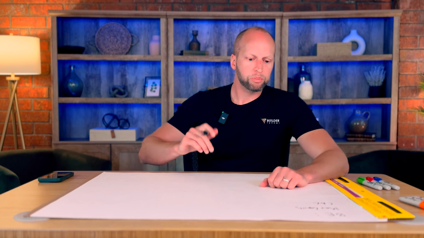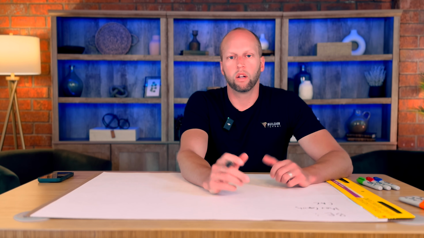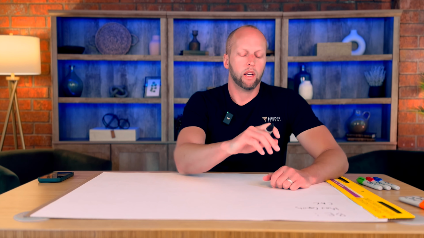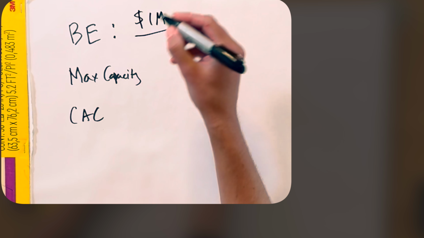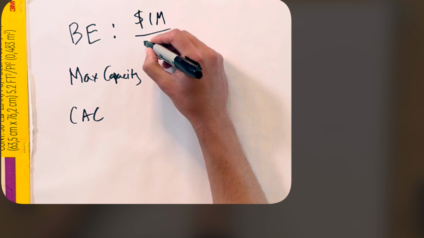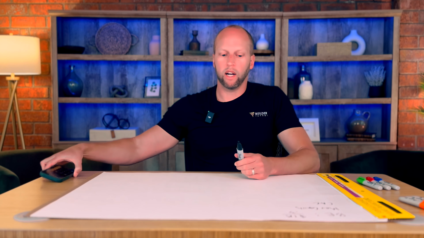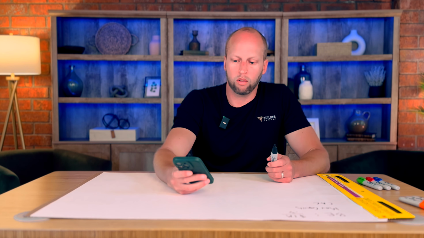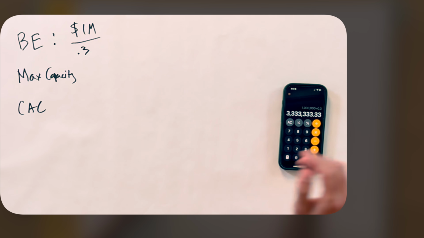Let's say you have $1 million in overhead on an annual basis, and you have a 30% gross margin. We're going to take 0.3 and just divide those two. So we're going to take our million and divide it by 0.3.